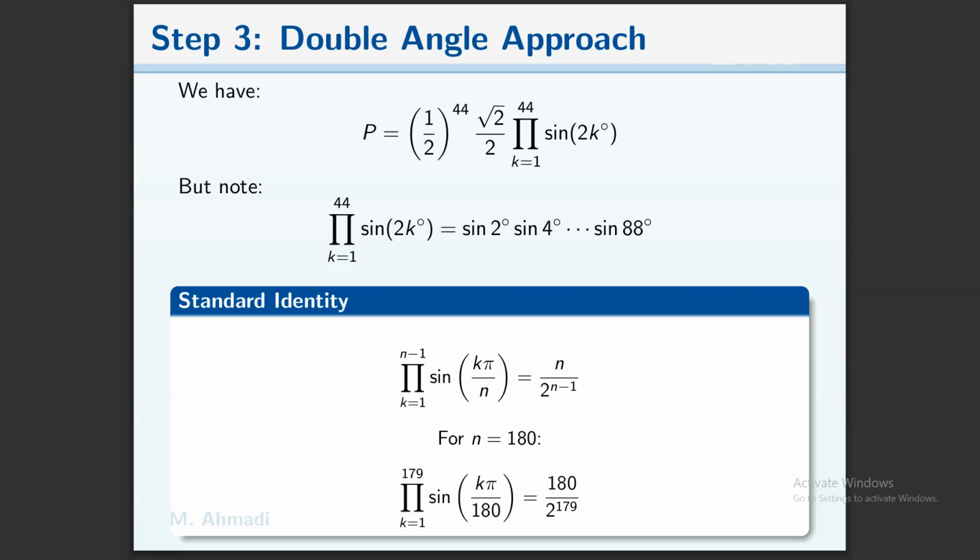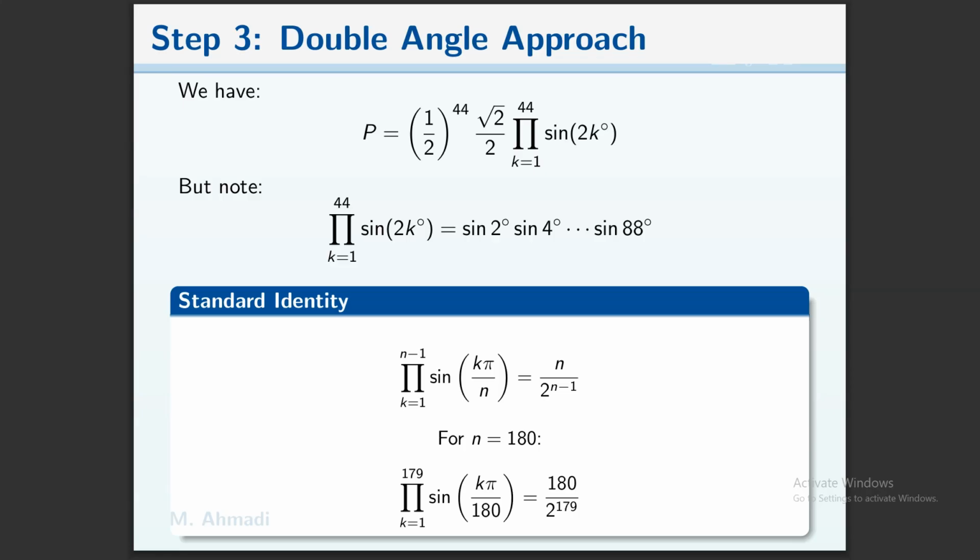Also, we have another identity: the product of sine (k pi divided by n) for k from 1 to n minus 1 is equal to n divided by 2 to the power n minus 1, for n equal to 180.